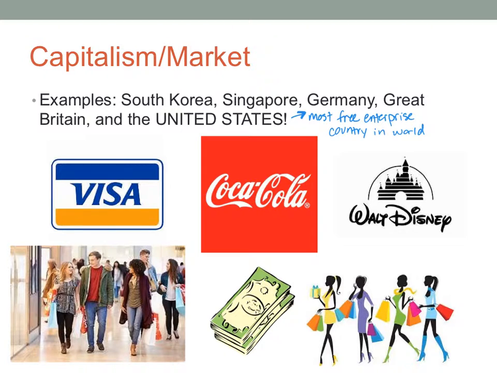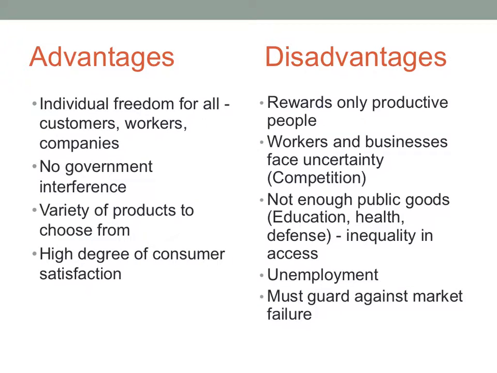Okay, so advantages here. This makes sense because this is what you're used to, okay? There is freedom for everyone, for businesses, for workers, for customers. There's not government interference. The consumer is going to be happy because you're going to get what you want.